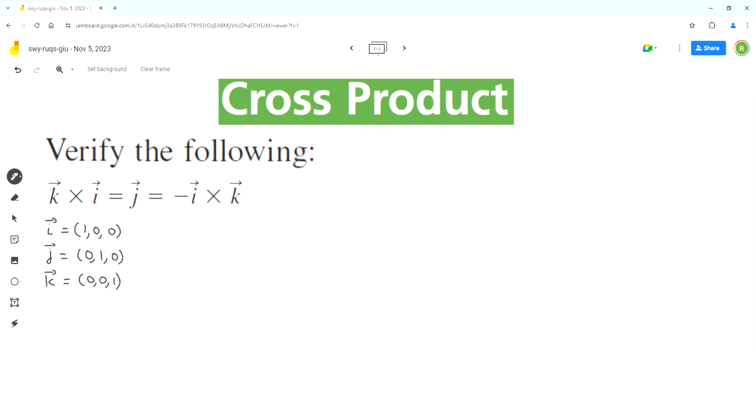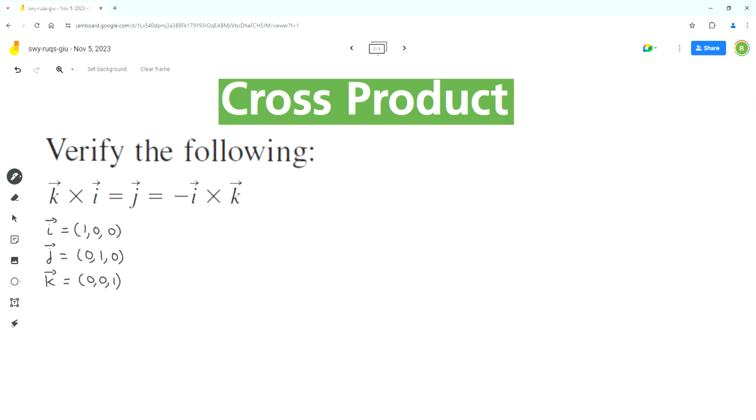We want to change the unit vector notation to component form because it is easier to prove that this vector equation is true using the component form.